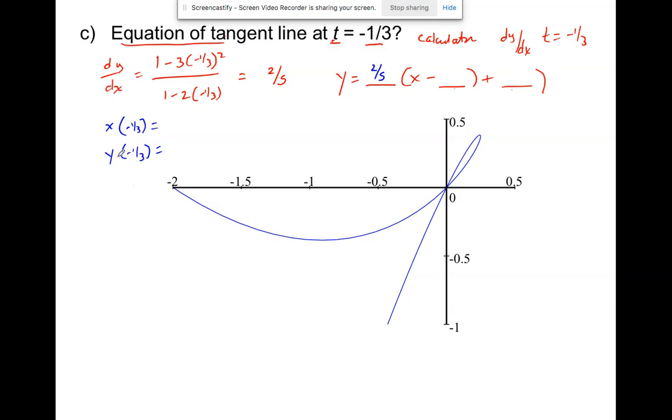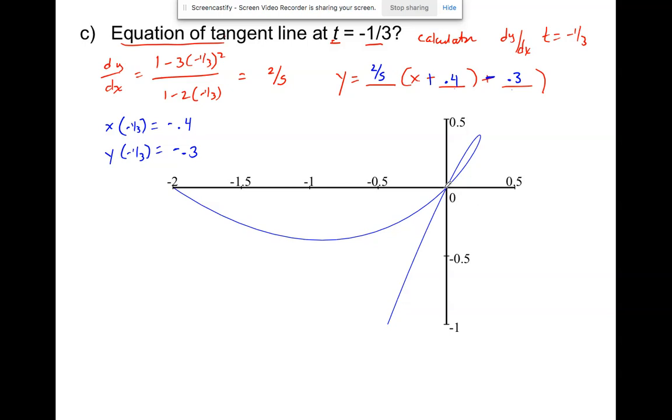But again, you have your calculator. This time, go to your calculator and hit trace, and it'll give you the point. I got -0.4 and -0.3. Done and done.